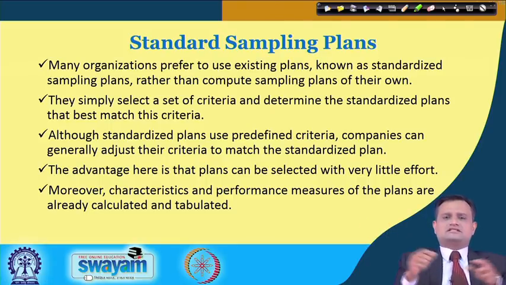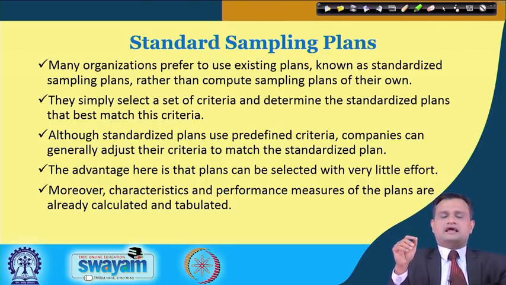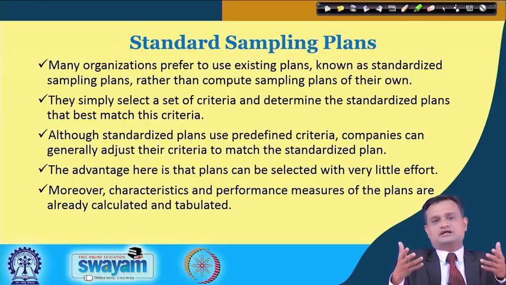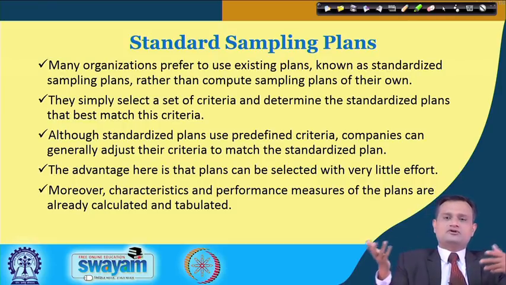Many organizations are not interested in doing what we did in the previous lecture, finding the values of C and so on based on producer's risk and consumer's risk in a traditional way.